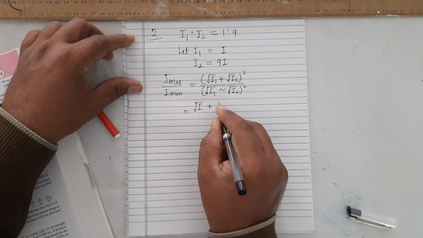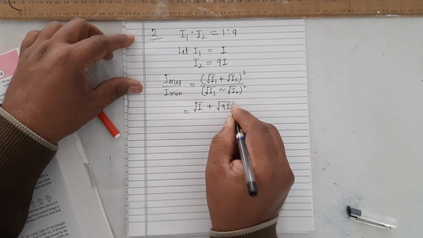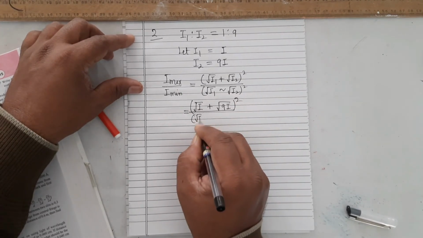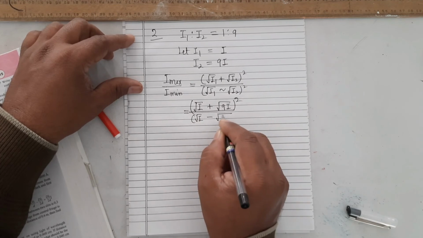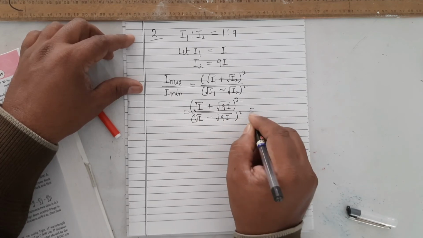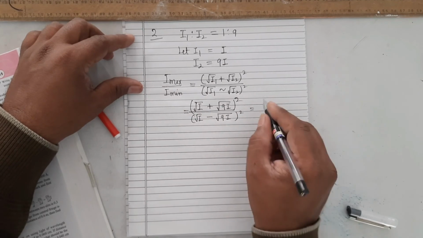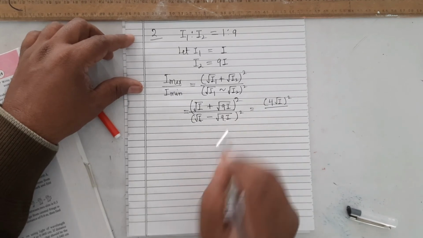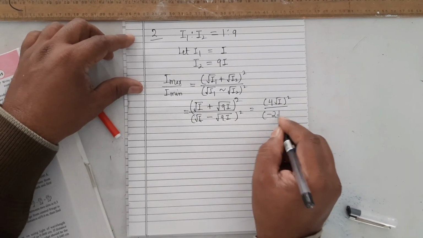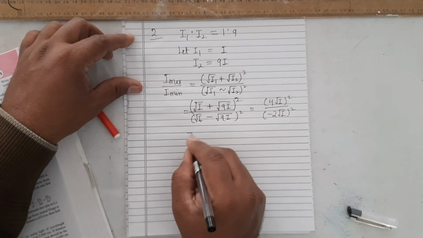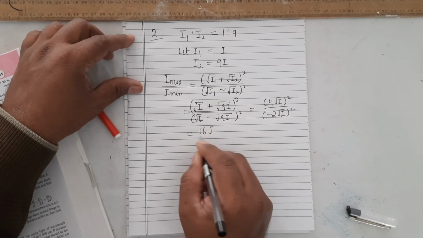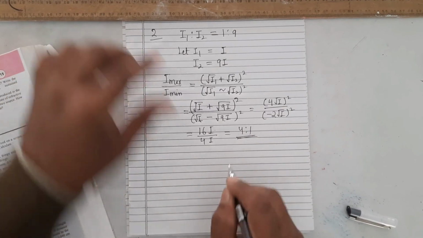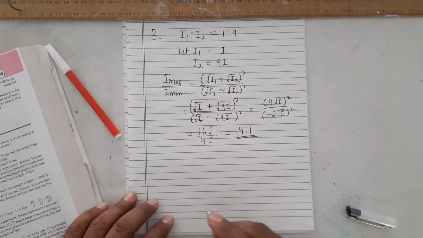Root I plus root 9I whole square, and then root I minus root 9I whole square. So it is root I plus 3 root I, that is 4 root I whole square. Root I minus 3 root I, that is minus 2 root I. This whole square, that is equals to 16I upon 4I. So it is 4:1. It will be 4:1.